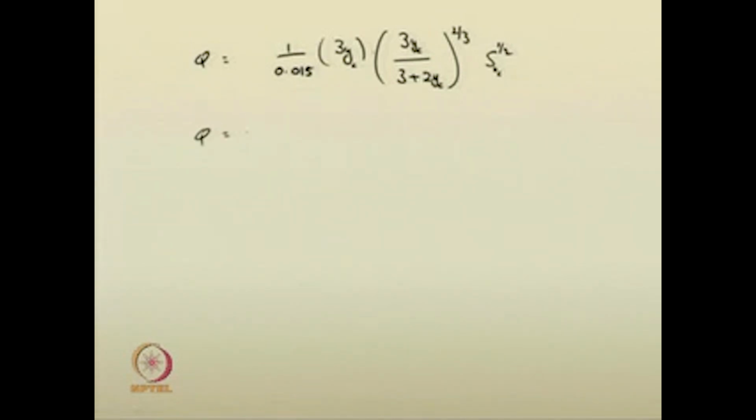Substitute the terms, you will get Q is equal to, I have just computed everything, 416.0167 y c to the power of 5 by 3 by 3 plus 2 y c raised to 2 by 3, S naught c to the power of half.